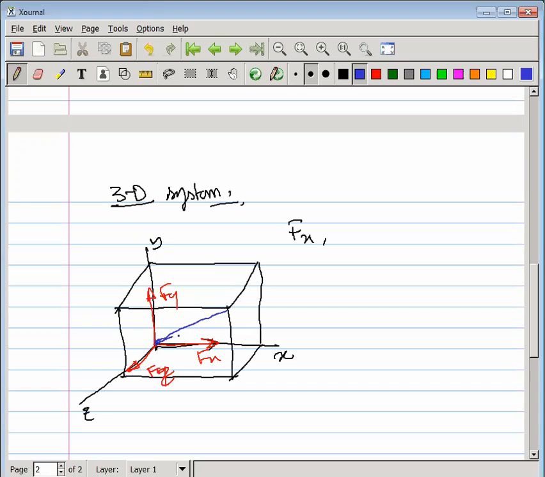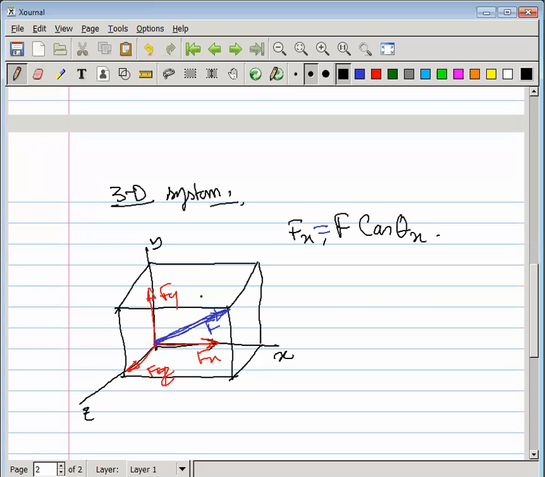So if it is your resultant, we can resolve that force along the three axes. So what can we write? Fx is equal to F cos theta x.